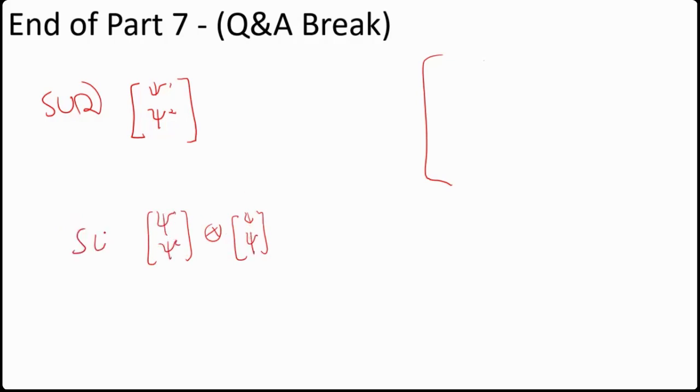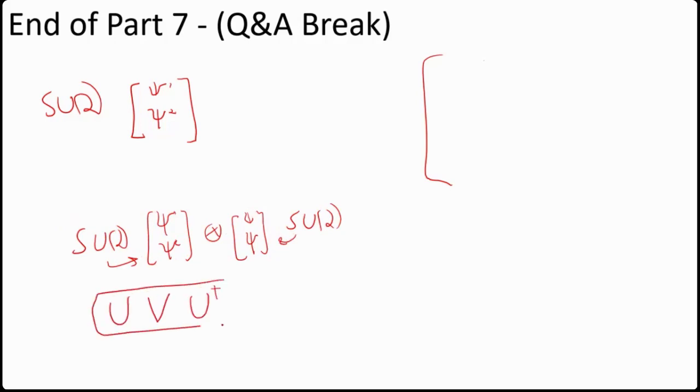And like basically each one would transform with SU2. So that's why a vector in space-time transforms like that. This is like the Pauli matrix, Pauli vector interpretation.